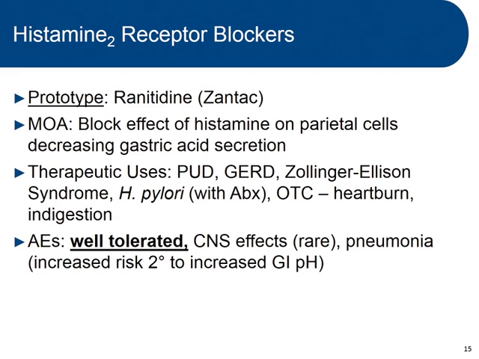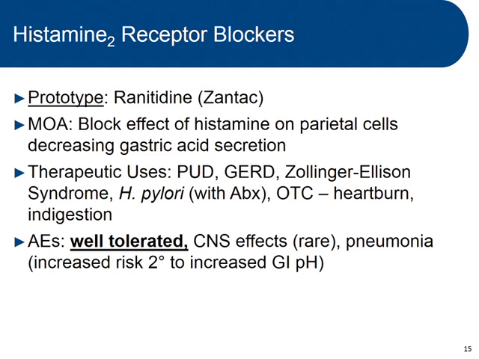Like I mentioned, these drugs are pretty well tolerated. CNS effects are rare. Generally, they don't occur with ranitidine. That's more of a concern with cimetidine. Pneumonia can occur, and this is basically related to an increase in GI pH, which can promote bacterial colonization of the stomach, and that can secondarily result in bacterial colonization of the respiratory tract.